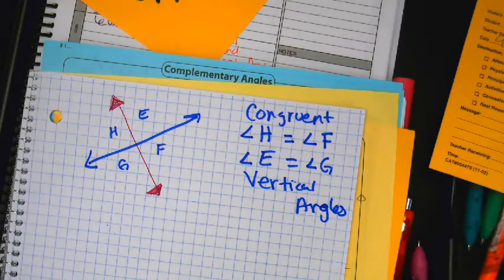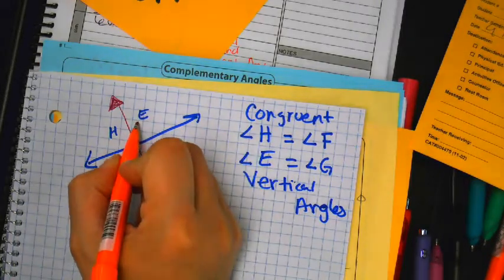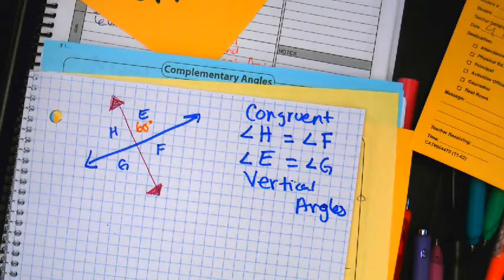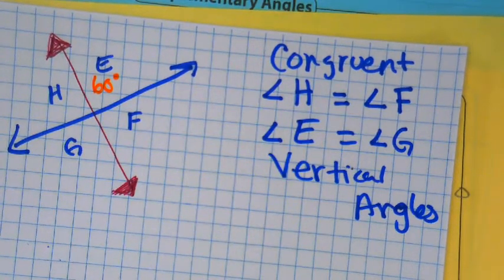Okay, I'm going to tell you that angle E is 60 degrees. I didn't draw them with a protractor. I just drew an X.